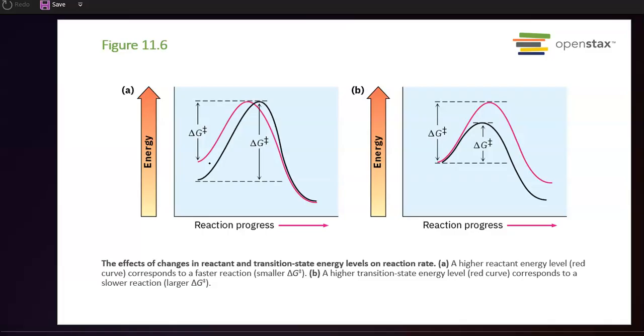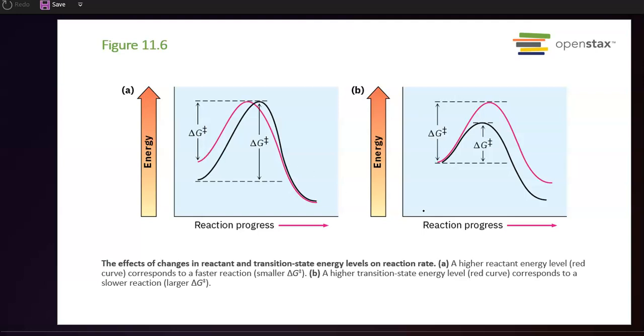The red graph shows that a smaller activation energy makes the reaction go faster, while the black graph has a larger activation energy, which makes the reaction slower. Any factor that makes this delta G smaller would help increase the rate of the SN2 reaction.